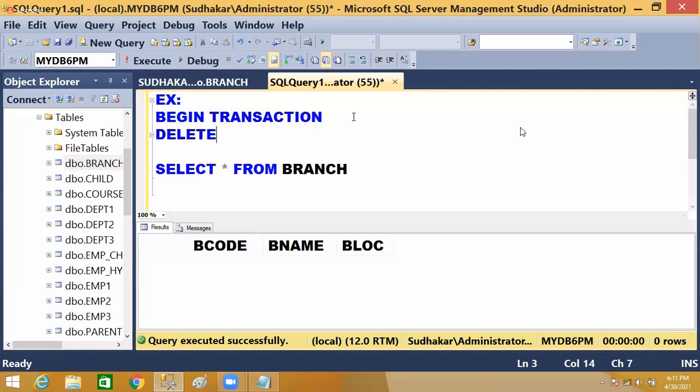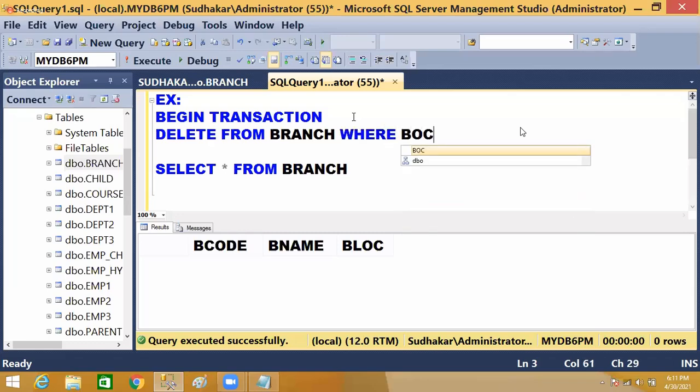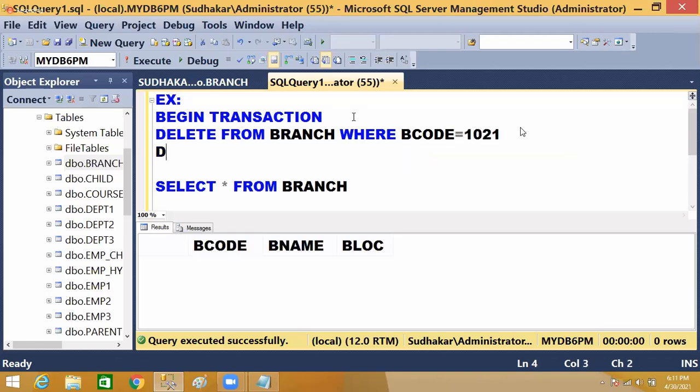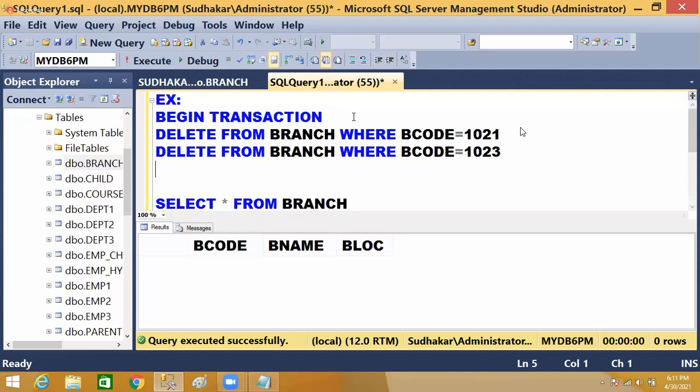Now I'm going to delete here. So delete from branch table where bcode is equal to 1021. In the same pattern, I'm writing delete from branch where bcode is equal to 1023.